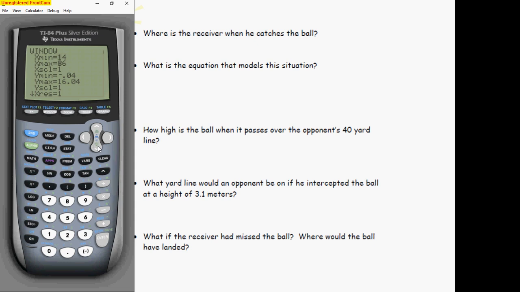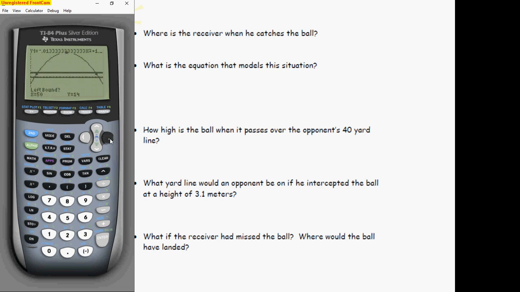So I'm going to make my window, my y-min, go down further. So which x-intercept am I after? The left x-intercept or the right? Second trace intersect, or I'm sorry, second trace 0.